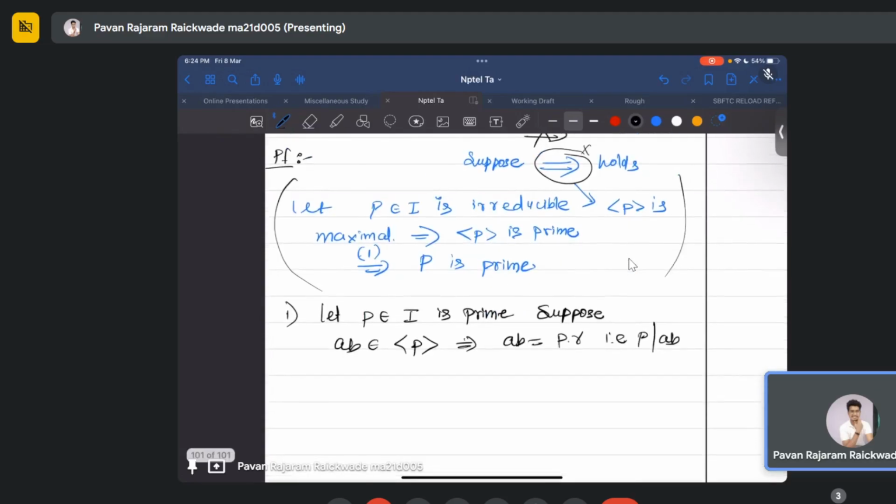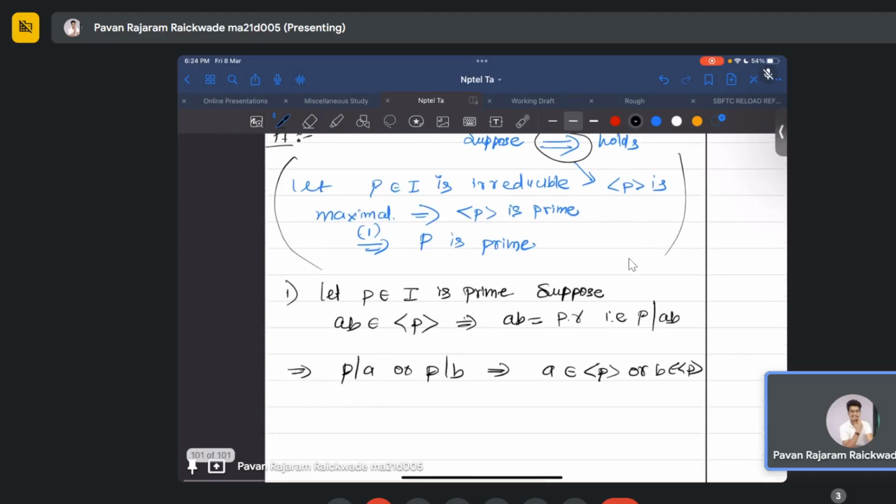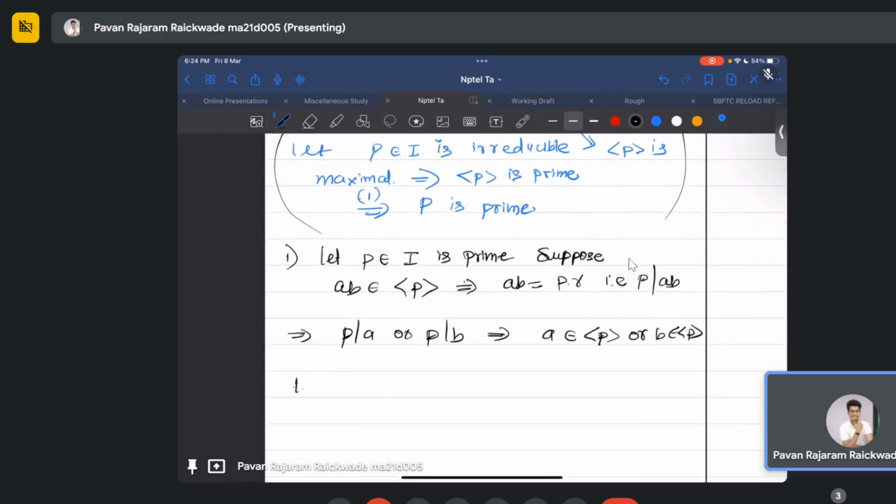But since P is a prime element, we get P divides A or P divides B. But in that case, element A belongs to the ideal generated by P or B belongs to the ideal generated by P. So this shows that for every prime element, the ideal generated by the prime element is a prime ideal. What about the converse?